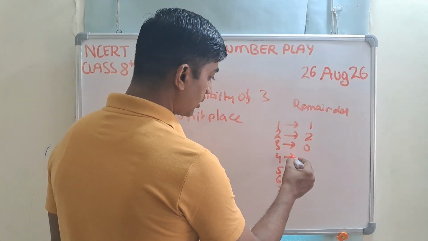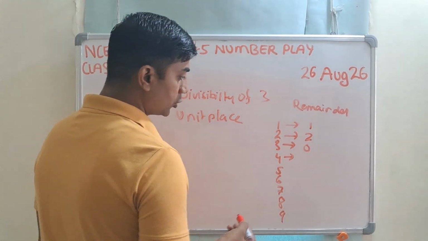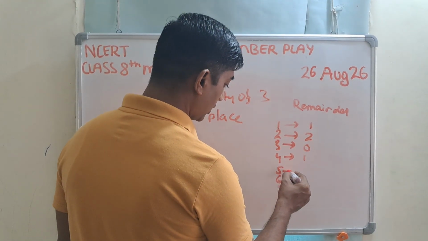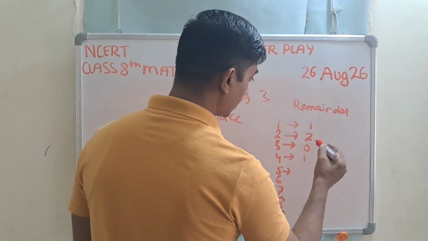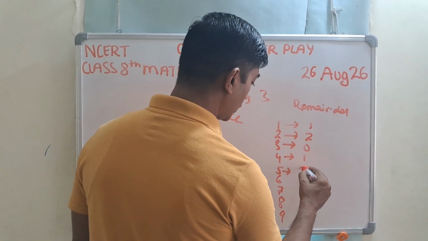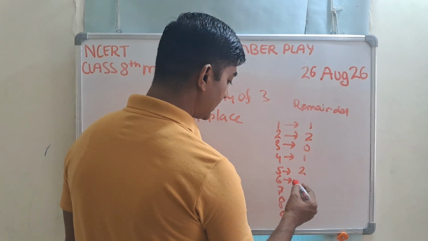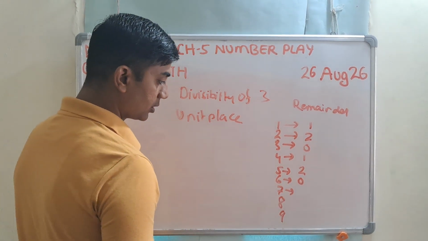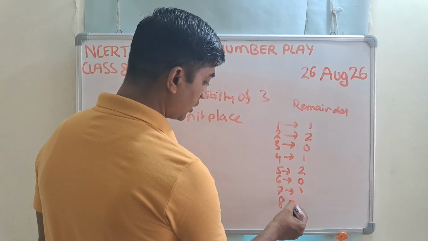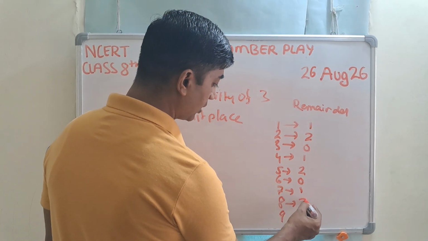When you divide 4 by 3, you will get remainder 1. When you divide 5 by 3, you will get remainder 2. When you divide 6, you will get remainder 0. When you divide 7, remainder 1. When you divide 8, remainder 2.